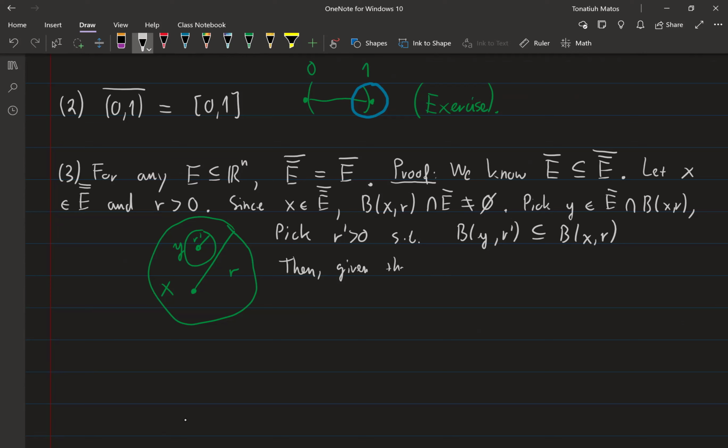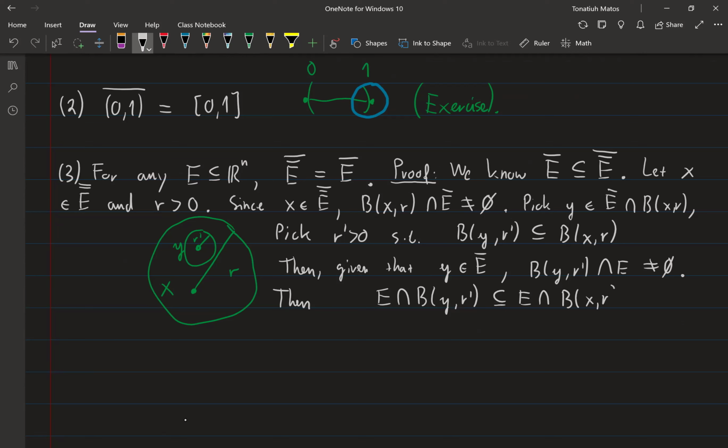So then, given that Y is in E closure and therefore a point of closure of E, this ball must intersect E, right? So the ball Y, R prime intersects E. And now we're done because whatever point sits inside there will also sit inside the bigger ball, right? Notice that if I take E and intersect it with the ball Y, R prime, this is, like I said, contained in this larger ball X, R, right?